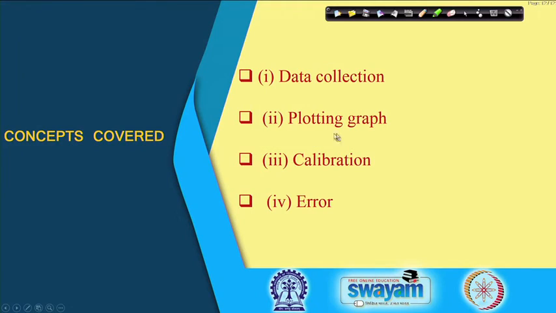Okay. So, this is a very important factor in the laboratory, this calibration of the instrument, and then error analysis. Okay. So, whenever you do measurement, you are measuring some parameter using some instruments. Your measurement cannot be perfect.